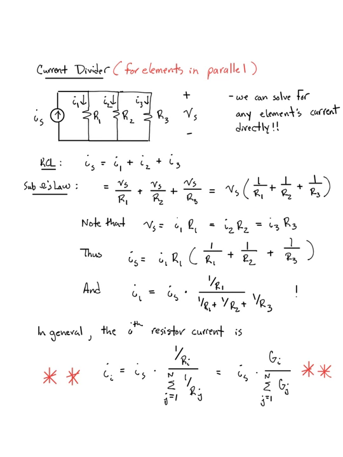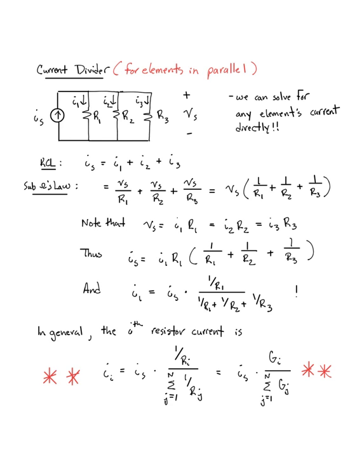And just like we did for voltage dividers, we note the VI relationship for any individual element. So in this case, Vs is also I1R1, or I2R2, or I3R3. We can sub any one of these back into this expression for where Vs is present and get an expression for any individual current by itself. So we can rewrite I1, for example, as being Is times a fraction given by 1 over the resistance of that path divided by the sum of the reciprocals of resistance, in other words, conductance.